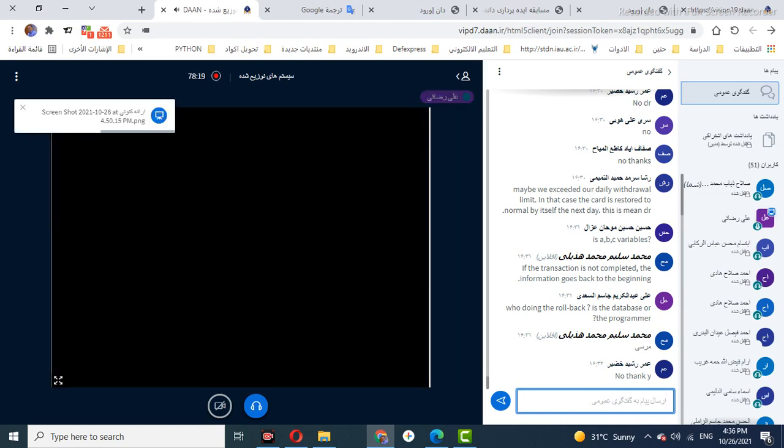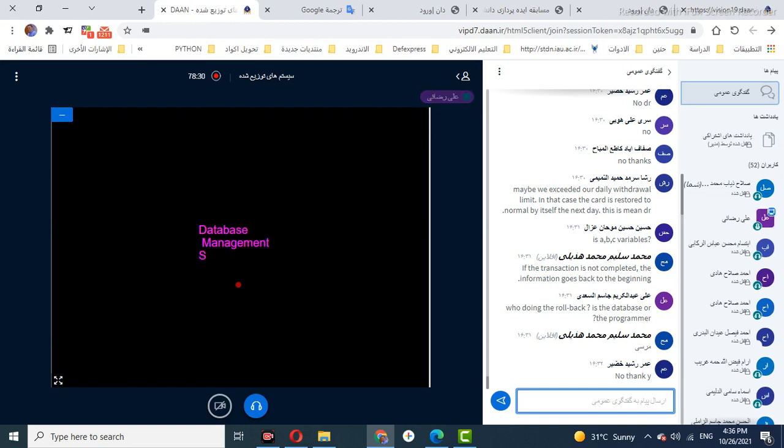Okay, if this is our database system, database management system, or DBMS, and this is transaction one of user one. Also, we may have transaction two for user two.